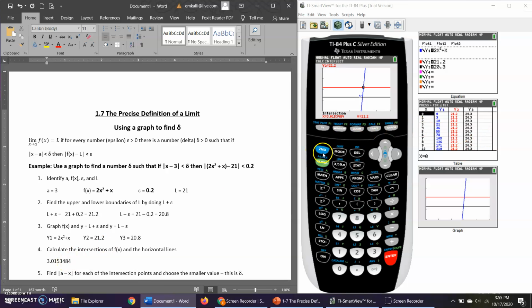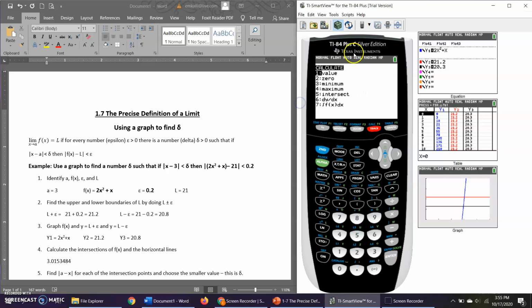Now I'm going to calculate the intersection again, but this time I'm going to use the bottom line. Okay, so second and trace. And the intersection is the 5th thing it can do. The first curve is going to be my quadratic again, and the next curve is going to be this bottom line. So I'm just going to hit the down arrow to get to the other function, the 20.8, and I'm going to hit enter.